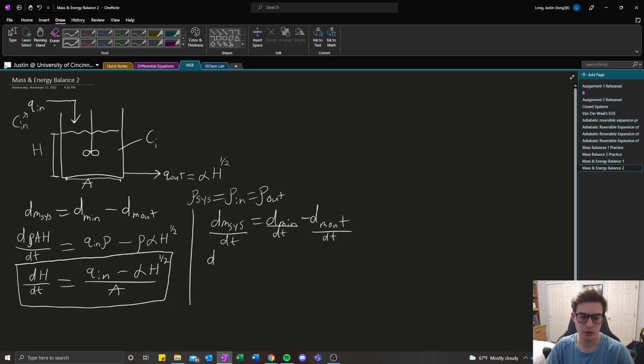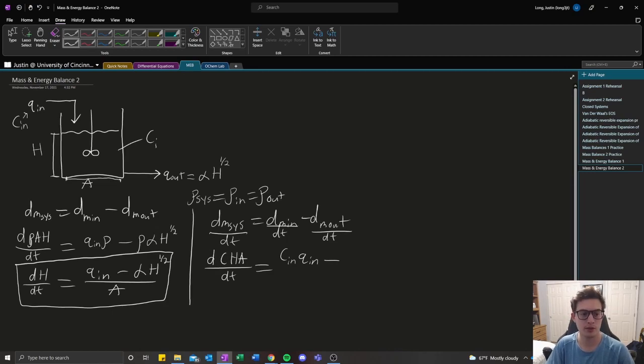So the change in concentration times the height times the area, divided by the change in time, is going to be equal to the concentration coming in times Q in, subtracted by the concentration going out.